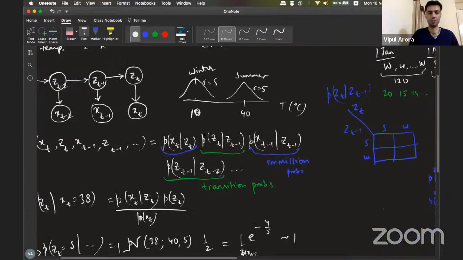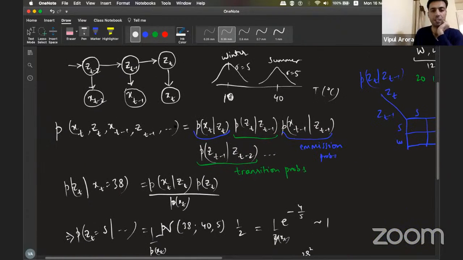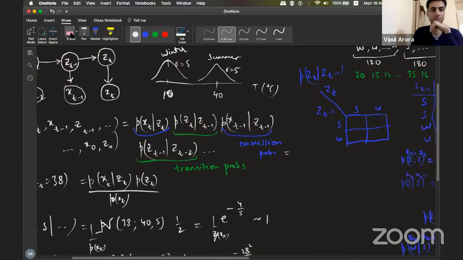If it has a finite starting point, let's say x0 comma z0, then this will ultimately become multiplied by p of x0 given z0 times p of z0.